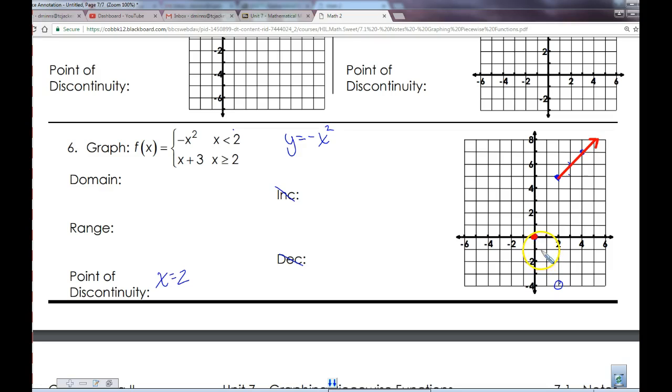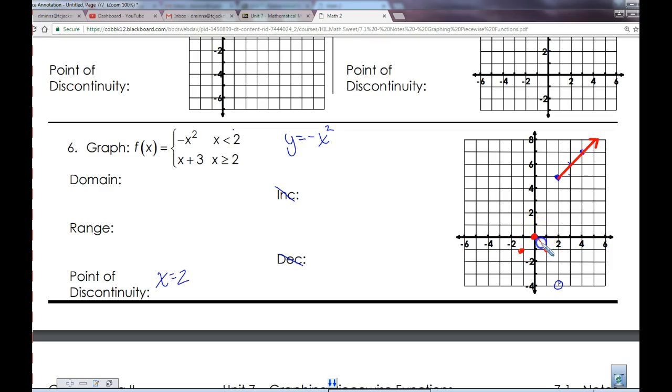And what hopefully you also remember about a parent function is that from the vertex point to get to our first nice graphable point, all we have to do is go up 1 over 1, up 1 over 1 on both sides. But now we're flipped over the x-axis, so we go down 1 over 1, there's a point, down 1 over 1, there's a point, and now I can draw my parabola.